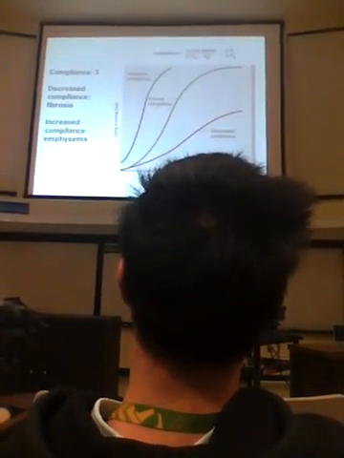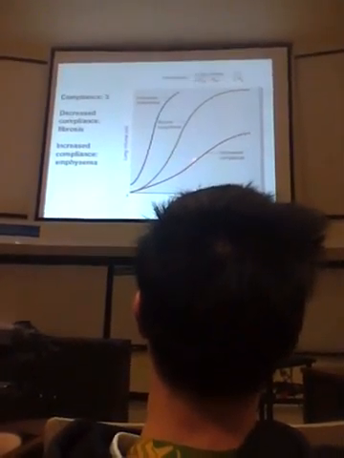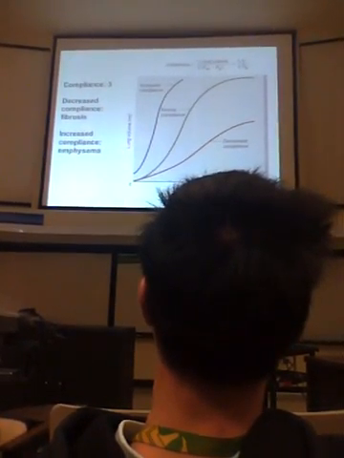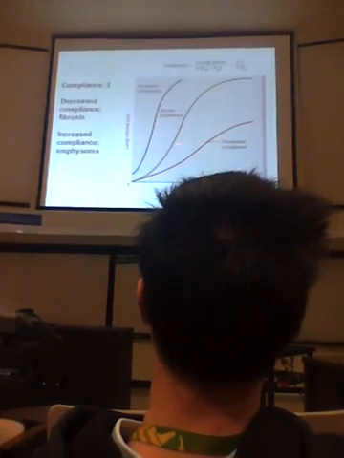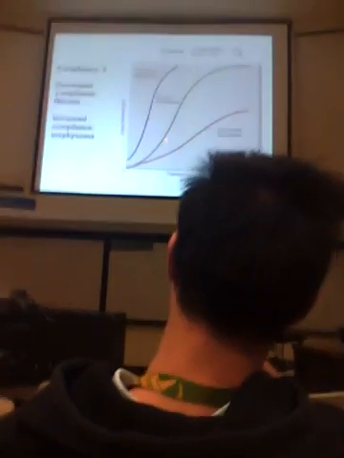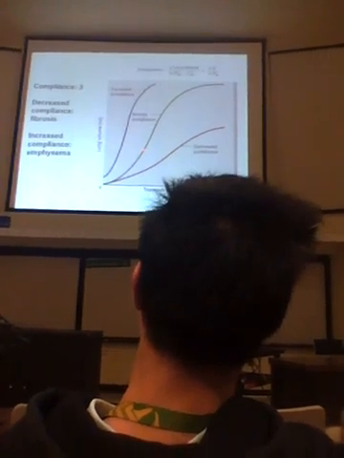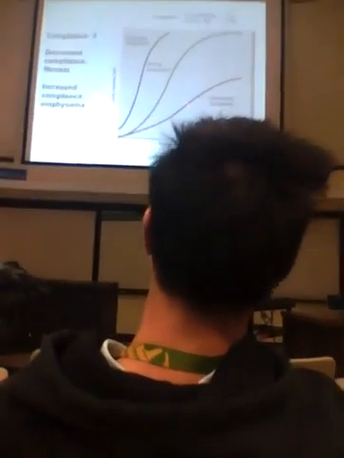For any given lung volume, let's take a line. It would be helpful to have a line drawn on this. Let's take a line across here, parallel with the L. For any given lung volume, here is the normal pressure required to inflate to that volume. In fibrosis, look how much more pressure is required in order to inflate to the same volume.